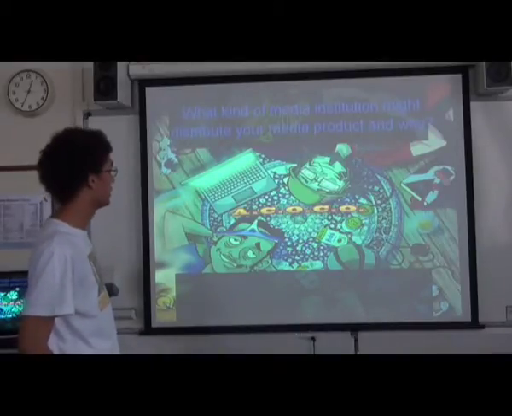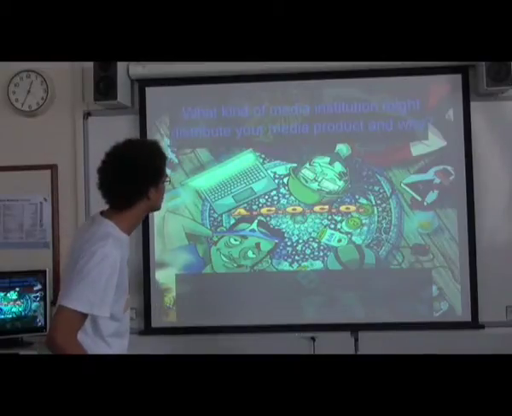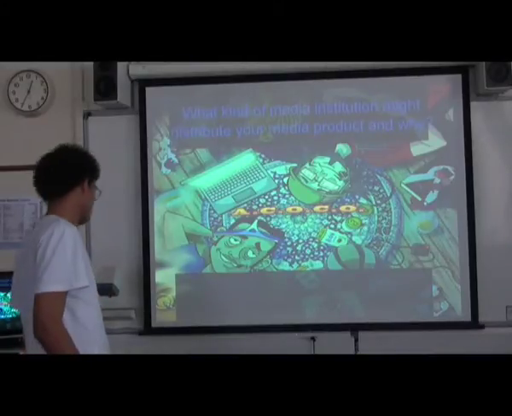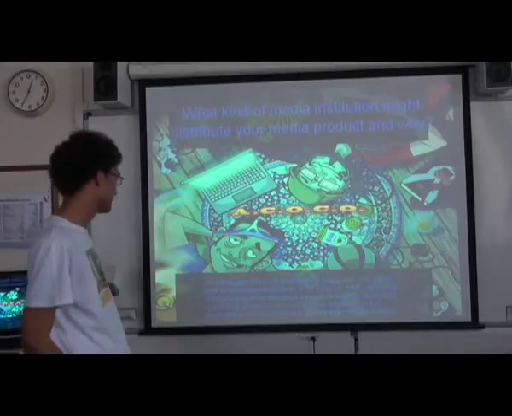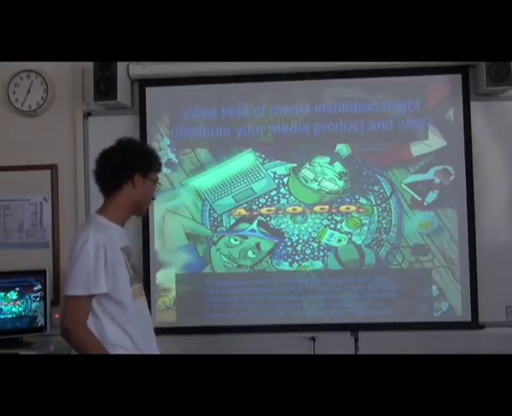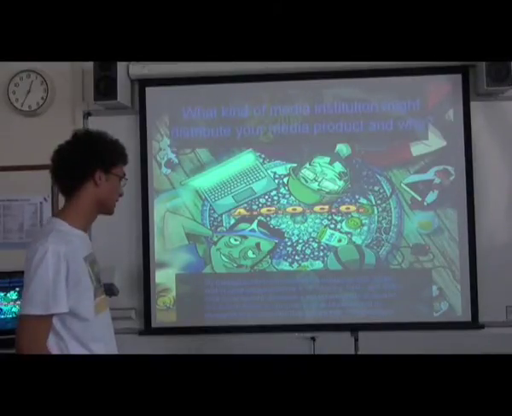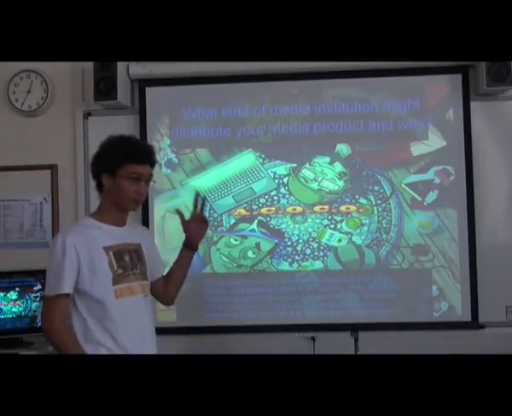What kind of media institution might distribute your media product, and why? My magazine is going to be a mainstream magazine, and will be sold in most of the biggest establishments, e.g. Tesco's, HMV, and most newsagents which you will find on the high street.